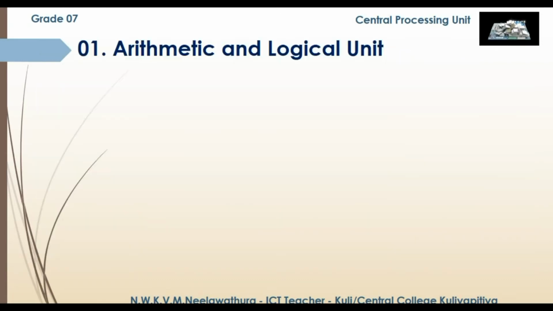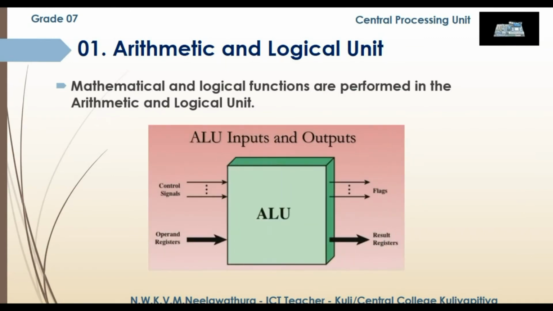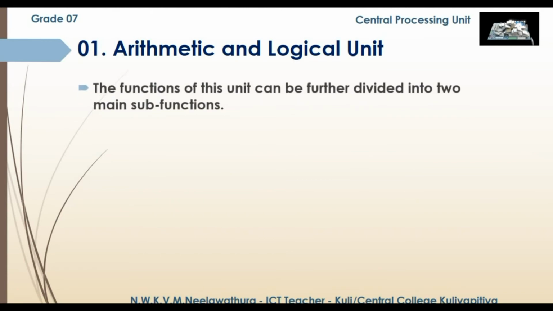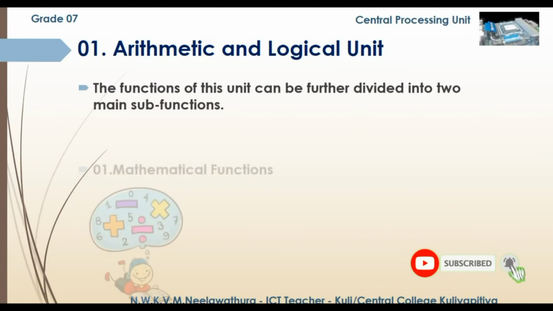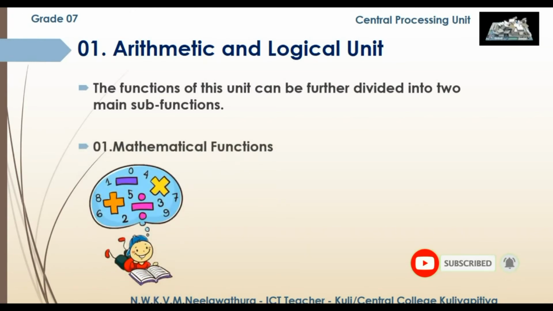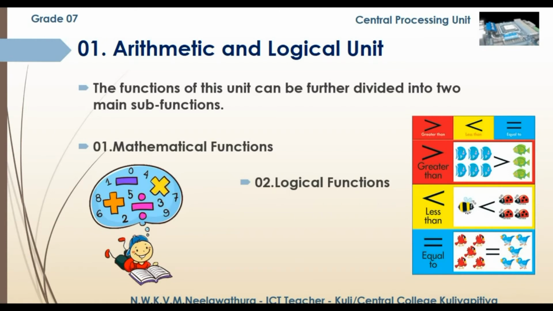First one, arithmetic and logical unit. Mathematical and logical functions are performed in the arithmetic and logical unit. The function of this unit can be further divided into two main sub-functions. First one, mathematical function, and the second one, logical functions.